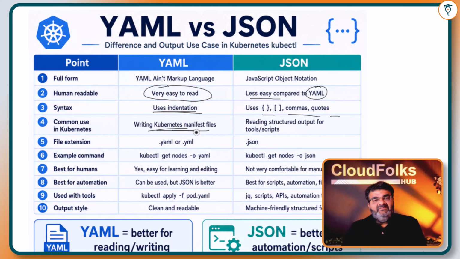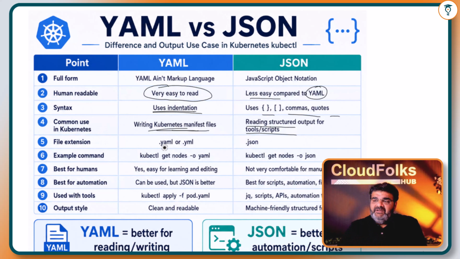For JSON, we just need to understand how to read JSON files, so don't worry about it. And nowadays it is easy to write JSON files as well because we have AI. AI can write these files very easily for us, and we will use AI there as well. So no need to worry about it.